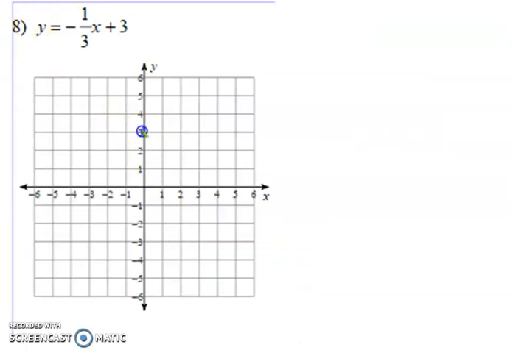You have a point right here at 3. My m is -1/3. Negative tells me it goes down and like this. So I'm going to have to do down 1 over 1, 2, 3. Does that give me, oops, hold on, sorry guys, a line that goes like that, that's negative?